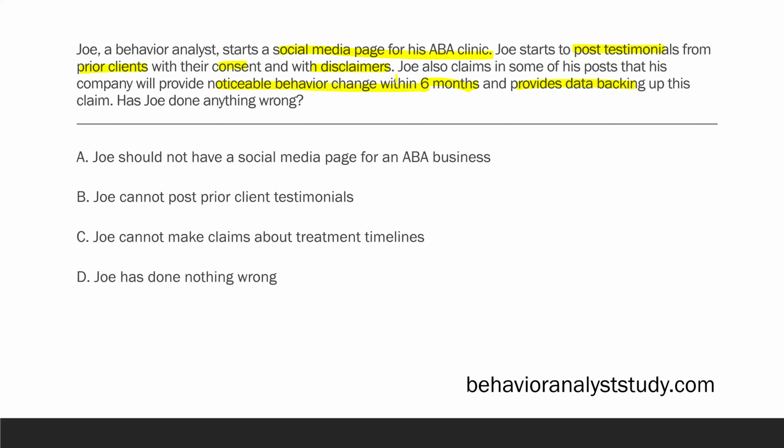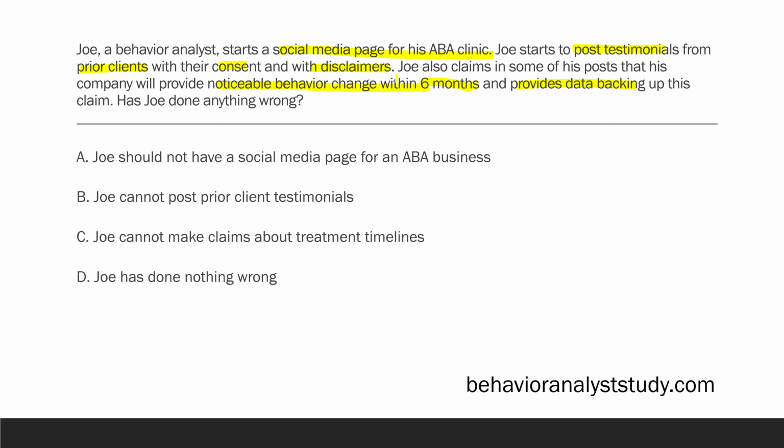Yes, we should never guarantee behavior change on a timeline because when we're dealing with humans, which we are, it's unpredictable, it's day to day, and things change quickly. Even if past results from Joe have shown that in 6 months they have changed, that doesn't guarantee the next client is going to see that level of change. So we can't misrepresent ABA or ourselves in public statements. So has Joe done anything wrong?